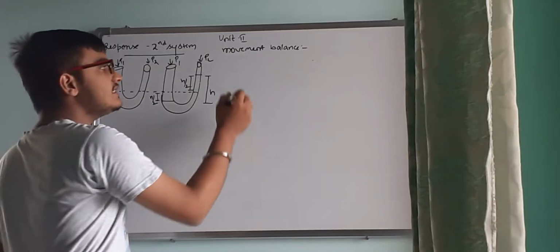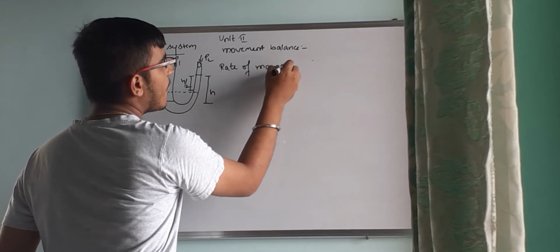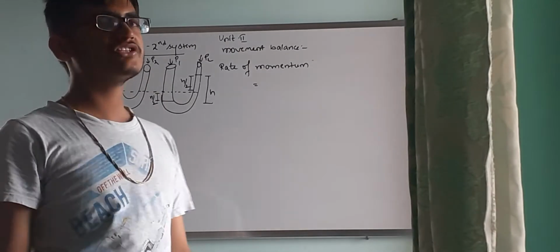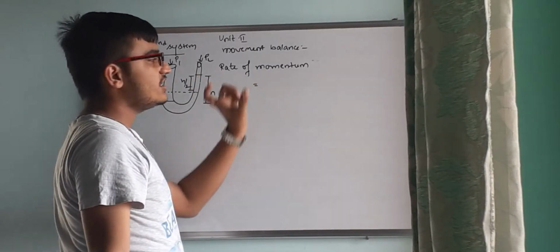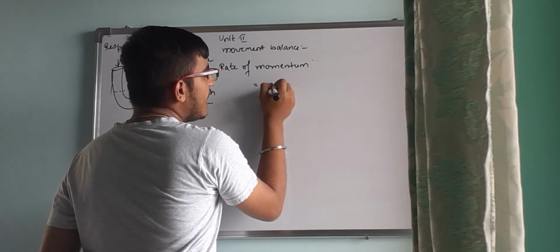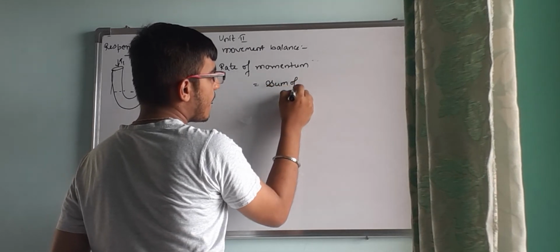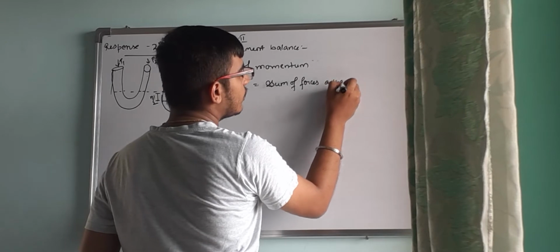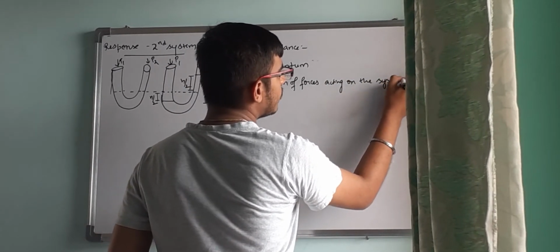So momentum balance is nothing but the rate of change of momentum is equal to the unbalanced force or sum of forces acting on the system for the fluid to flow.